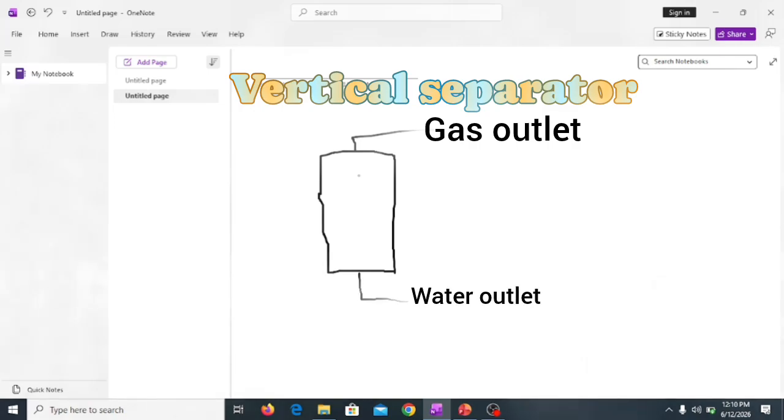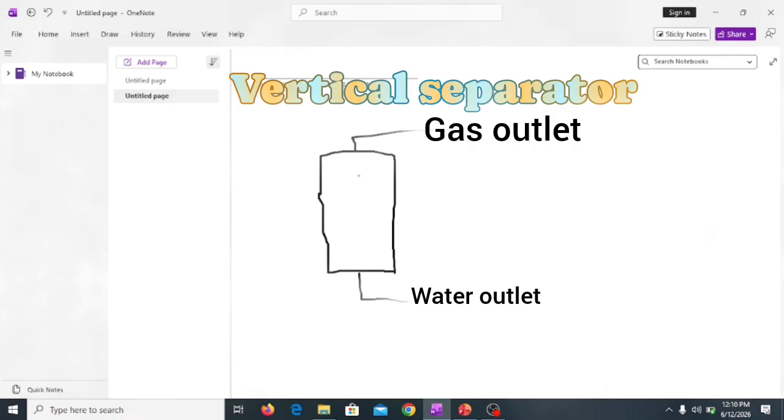Like I said in my previous video, when we have too much liquid in the separator, we use a horizontal separator, but if we have too much gas, we use a vertical separator.